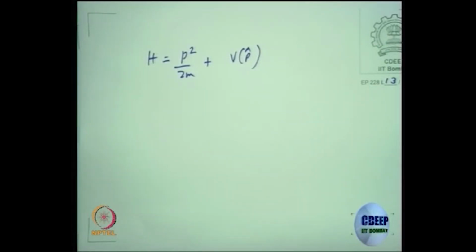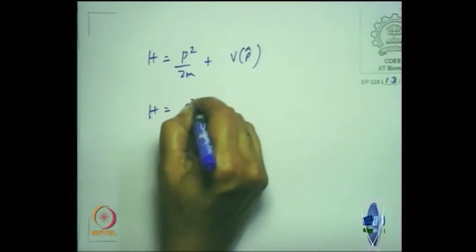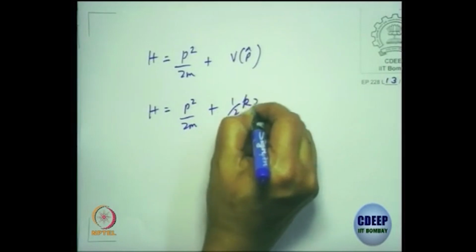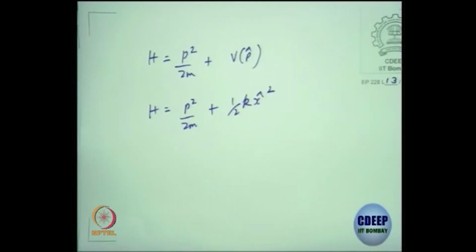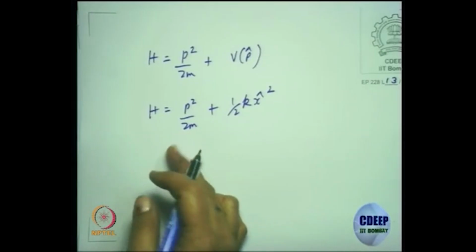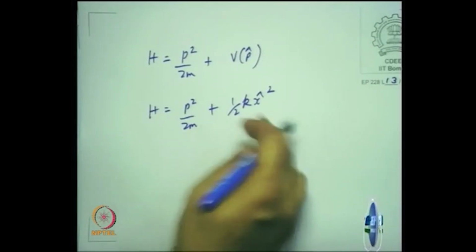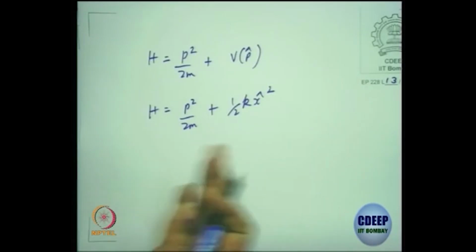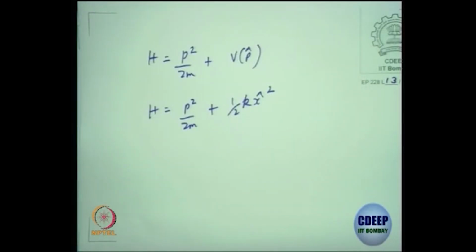Equivalently, if you take harmonic oscillator, you have p squared over 2m plus half k x squared. In the earlier case, we tried to write the position space representation for the momentum, but here p and x are both quadratic. I could either work with the position space wave function or I could work with the momentum space wave function. So what will be your expectation?